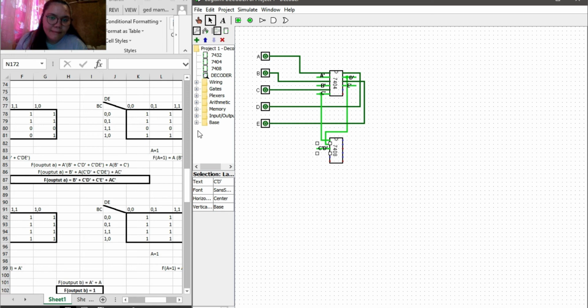Then C naught and E naught. This is our E naught here, and then label. Next is A and C.